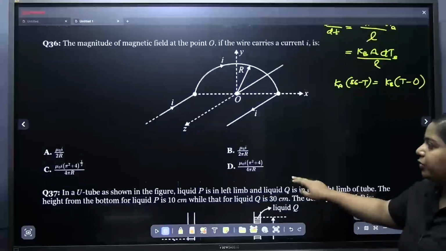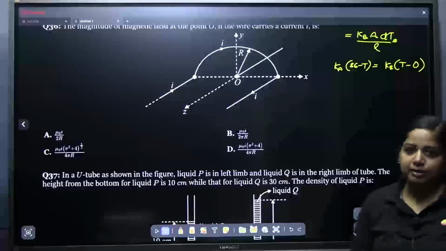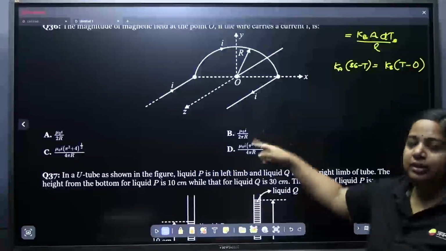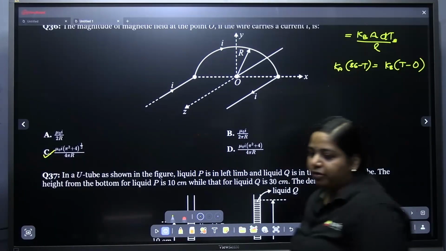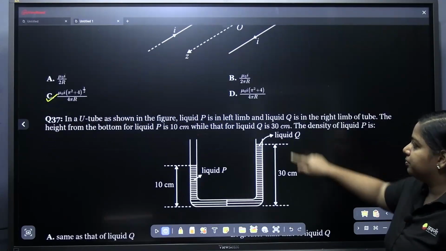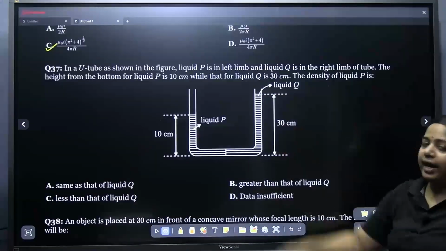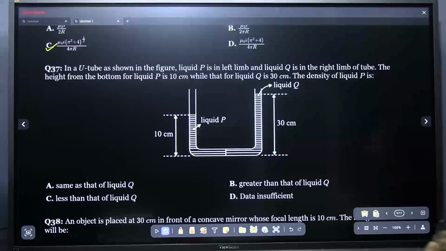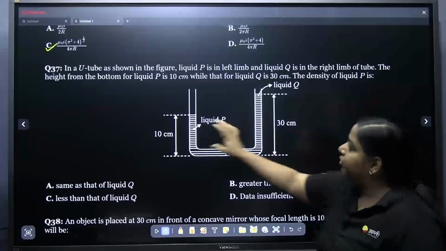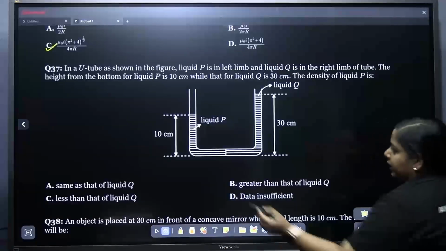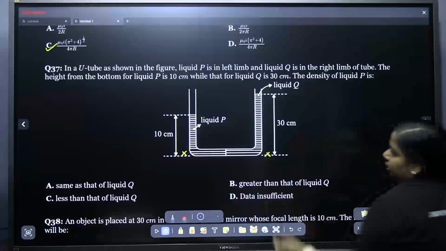You can refer to that, the magnetism, moving charges and magnetism chapter. This we have done. Answer is option C. Okay, please refer to that. Here we directly apply gauge pressure. They are asking what is the density of liquid P? At this point the pressure is the same.